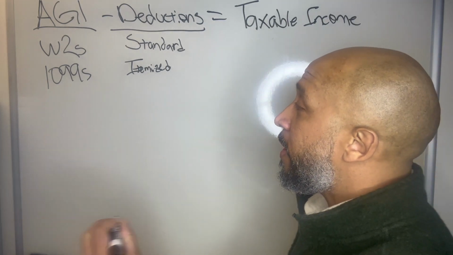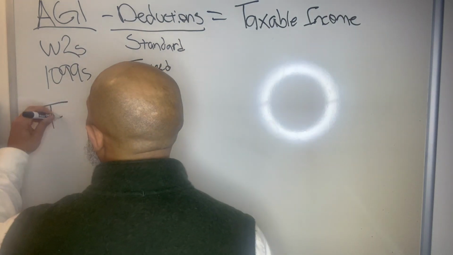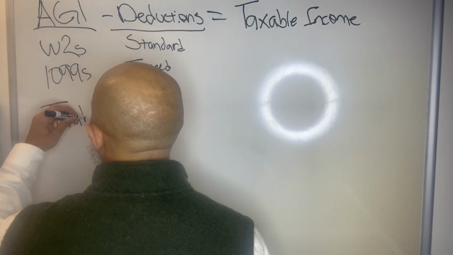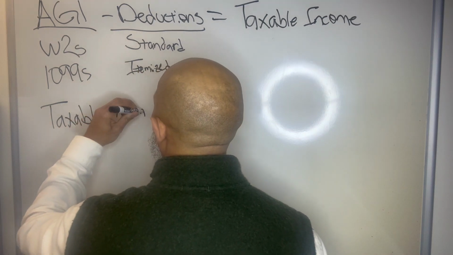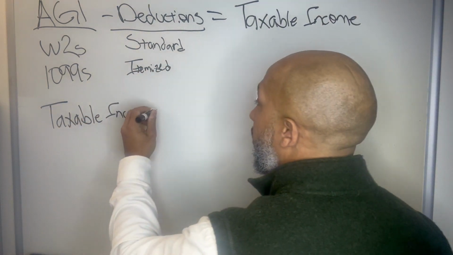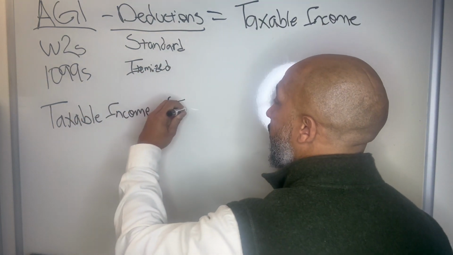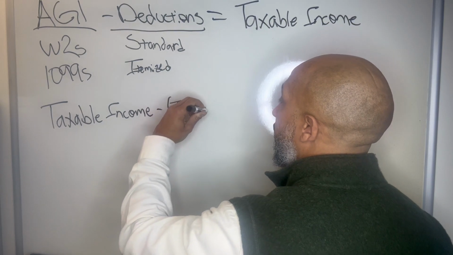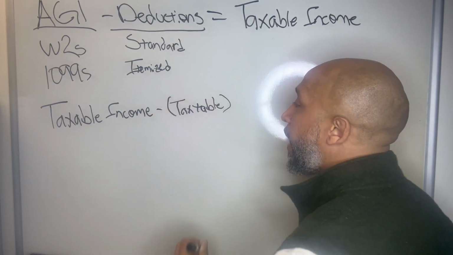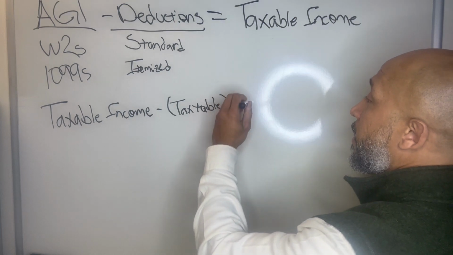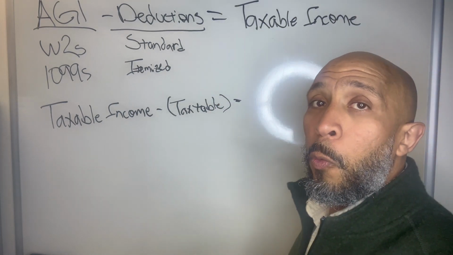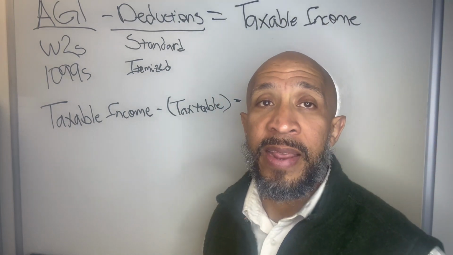So once you have your taxable income, it's going to put you into a tax schedule, a tax table. And that tax table, depending on your tax bracket, is going to calculate what bracket you're in to pay taxes.